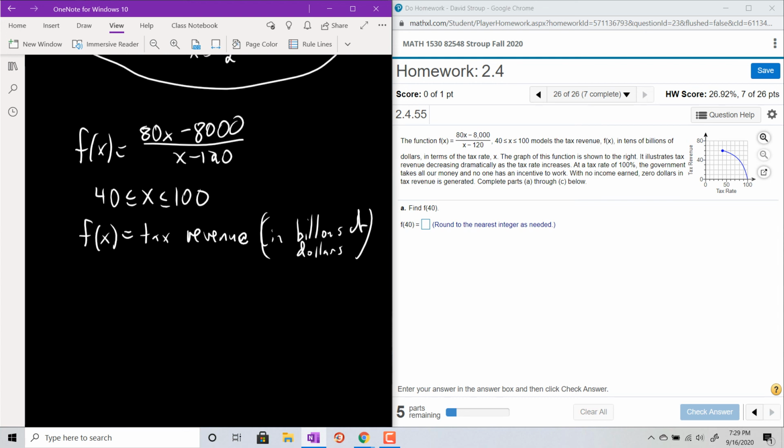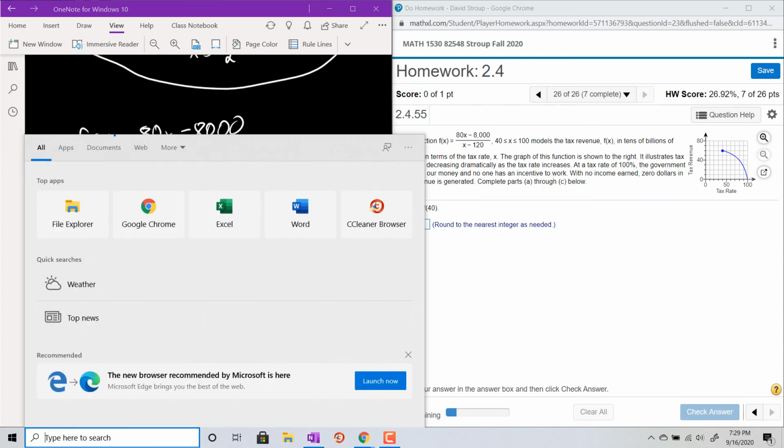So find f of 40. So f of 40, you can just plop 40 into that function. So 80 times 40 minus 8,000 all over 40 minus 120. I need to get my calculator to do that.